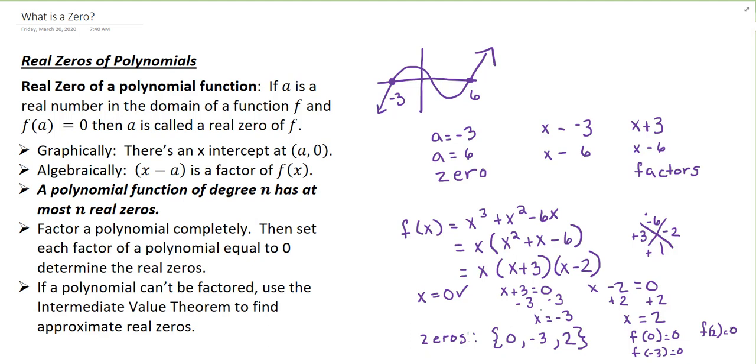And then sometimes factoring doesn't work. And we would use what's called the intermediate value theorem to determine our real zeros. We won't do that as much in this class. I will definitely show you how to do that.